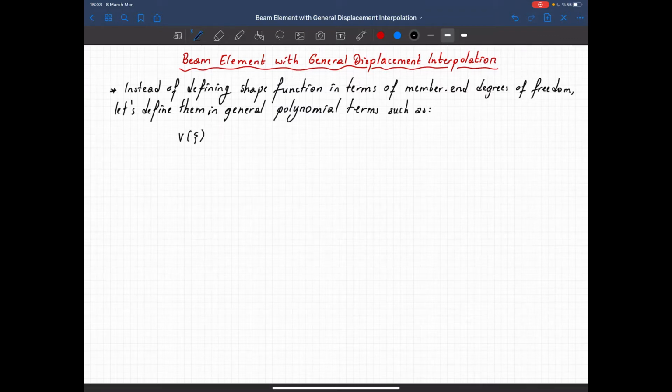Again, I'll just write everything in natural coordinate system. So we have d1 coefficient plus d2 psi plus d3 psi squared plus d4 psi cubed, and so on.